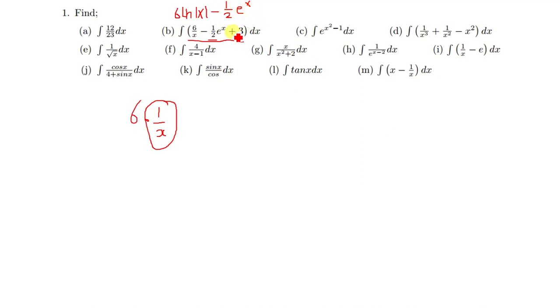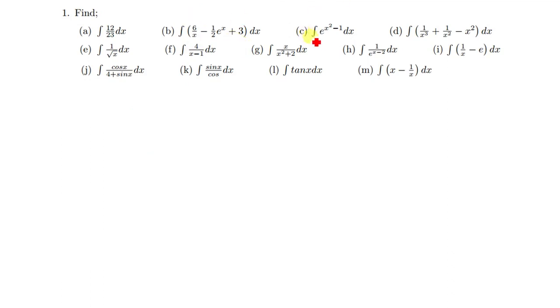And then when you integrate 3, of course 3 is a number, so we are just going to have the x there introduced, and then don't forget to add your constant c. So this is the integral for this question there. So we proceed to the next question.